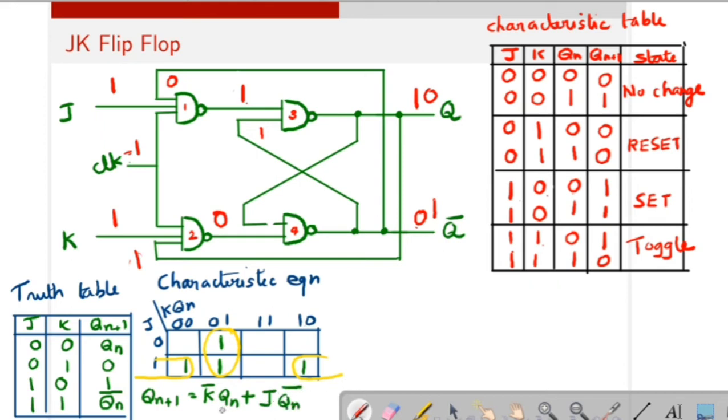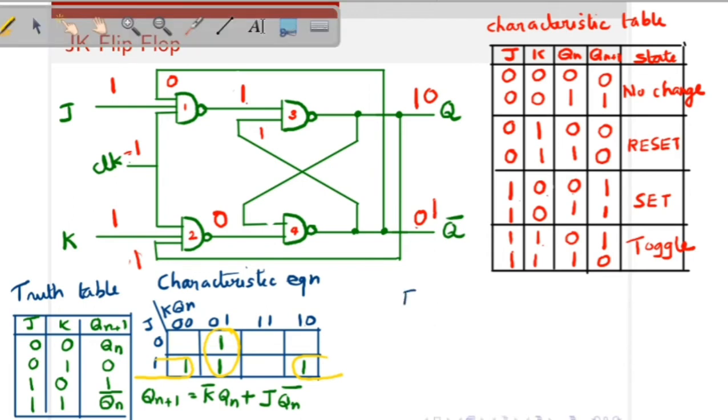So the characteristic equation is K bar Qn plus J Qn bar. Right? Next we can derive the excitation table for the JK flip-flop from the characteristic table.